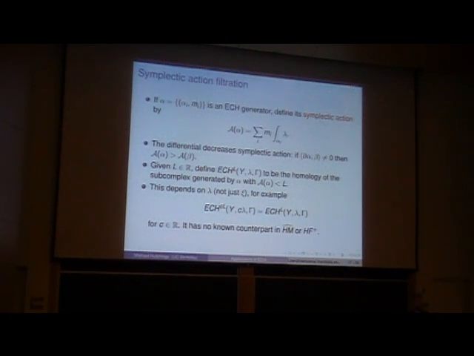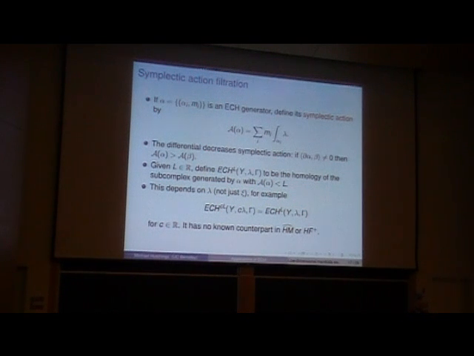Now, while the usual ECH basically just depends on the three-manifold, this depends very strongly on the contact form, and not even just on the contact structure. So for example, if I scale the contact form by multiplying it by a positive constant c, then for this ECH^L to stay the same, I have to replace L by cL. So it depends heavily on the contact form.